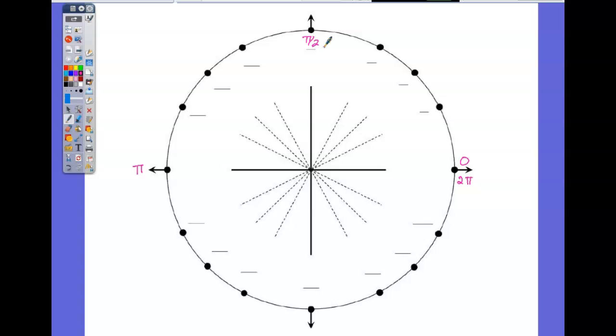And then how many quadrants do I have, y'all? I have 1 quadrant here, 1 here, and 1 here. So that gives me 3 pi over 2 for here. Does that make sense?